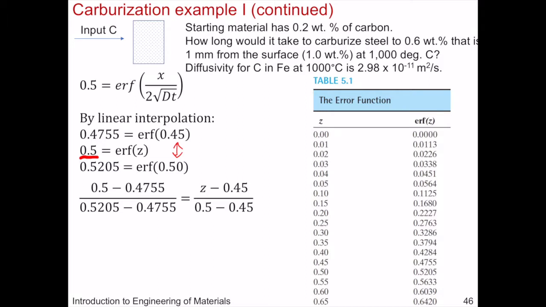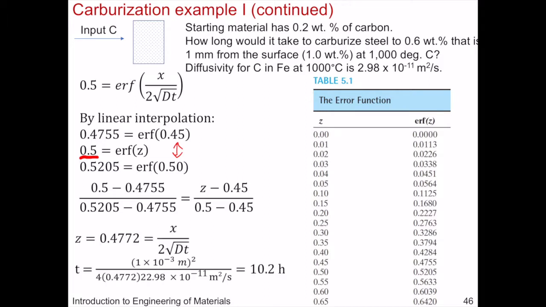And so by linear interpolation, we can calculate that z is 0.4772, and z is just the diffusion distance, x over 2 square root of Dt, D being the diffusion coefficient and t is time in seconds.